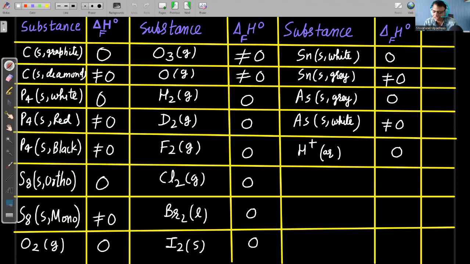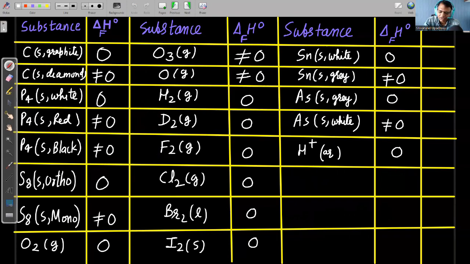Here there are certain examples where we should know their heat of formation. These are elements, and we know that some of them are in most stable state. For the most stable state of aggregation for an element, not a compound, standard heat of formation is assumed to be zero. Like for graphite, standard heat of formation is zero.